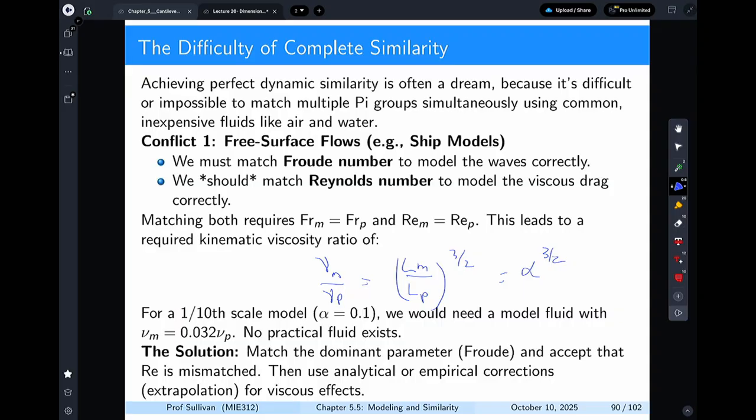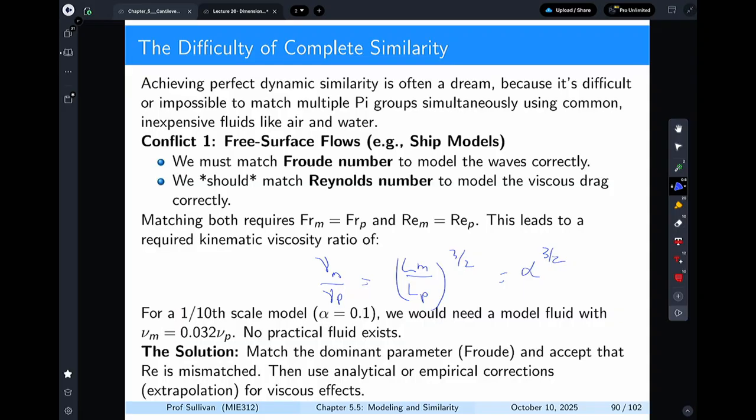For a 1/10 scale model, we would need a model fluid with a kinematic viscosity of 3.2% of the prototype viscosity. No practical fluid exists. There were, in the past, lots of people who did lots of matching with very carcinogenic type fluids, and they were able to get away with it before health and safety became more normal.